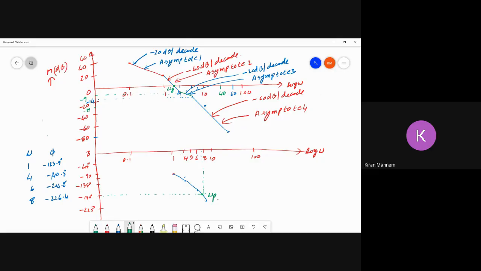So this is how you can identify the gain crossover frequency and phase crossover frequency. Then what is gain margin? Gain margin is 0 minus the resultant magnitude in dB at omega p. So what is the resultant magnitude in dB at omega p? Let us project this omega p to this line.